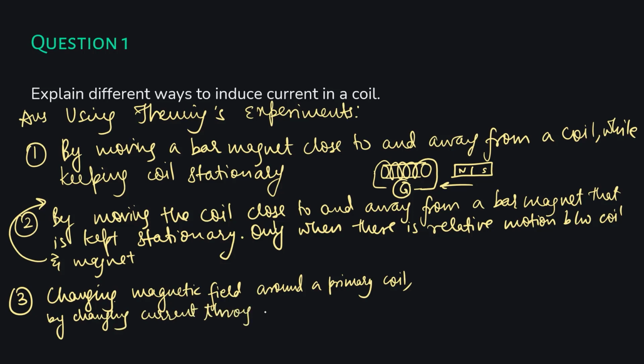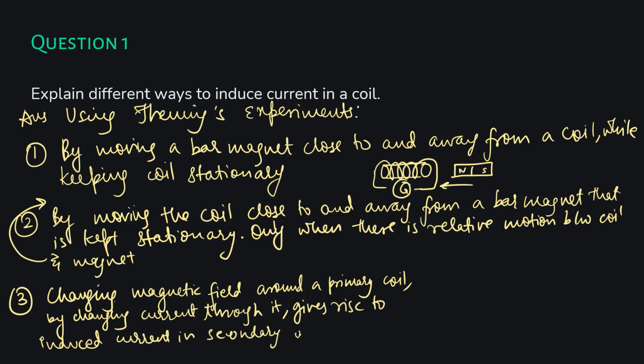We change the current by putting the switch on and off. You can also change it by increasing the current flowing in the circuit by replacing the battery. Then also you will see a momentary deflection. Changing magnetic field around the primary coil by changing current through it gives rise to induced current in secondary coil.